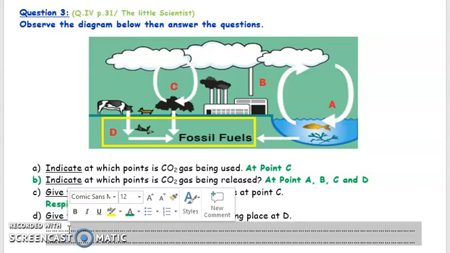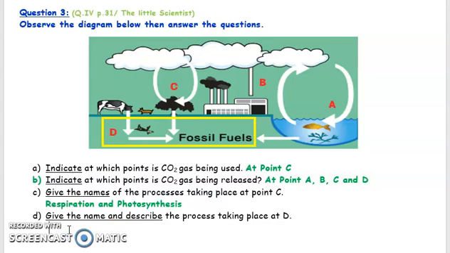We answered almost the same question in question number 1. What's happening at point D? At point D, decomposers decompose dead bodies into minerals, and in millions of years, these turned into fossil fuels in the ground.